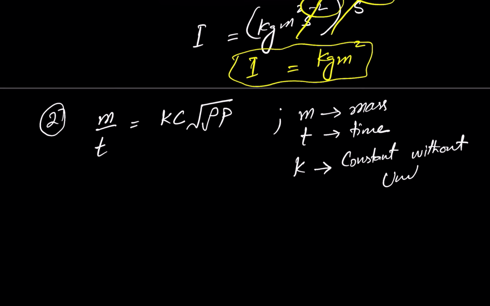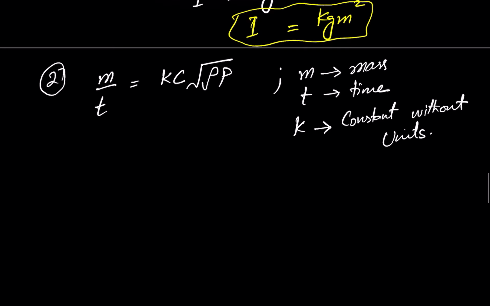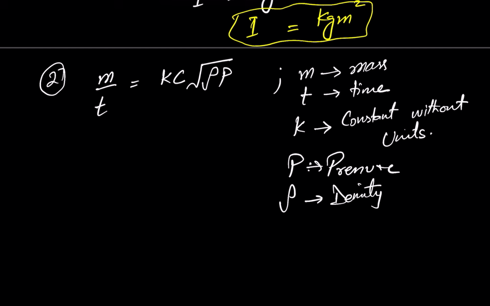Okay, there are two types of constants. Some constants are with units and some are without units. So in this case, without units. P is pressure and rho, the Greek symbol, is used for density.